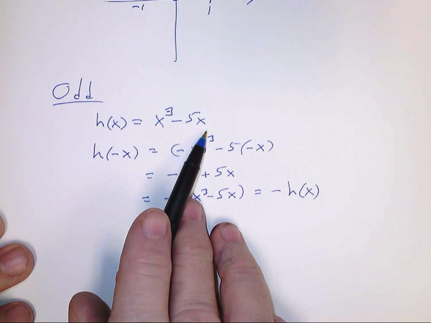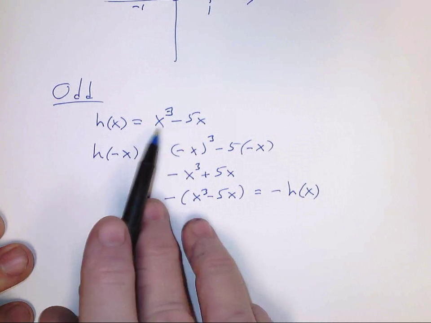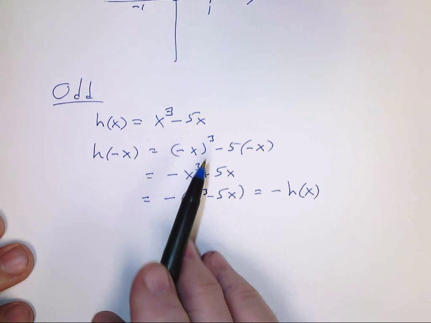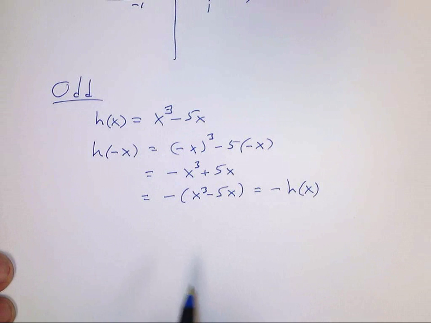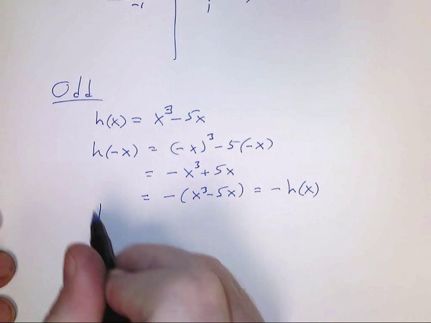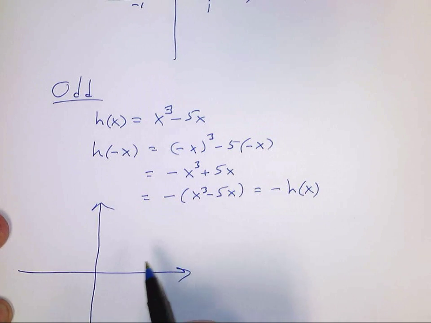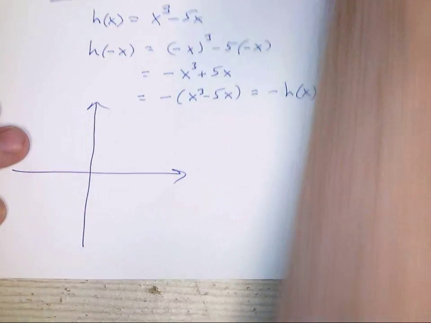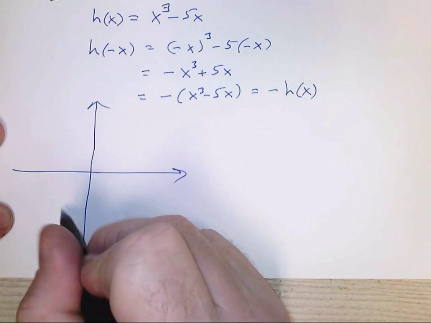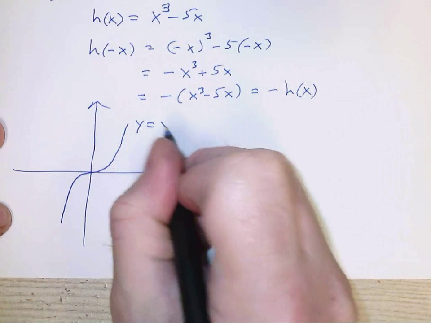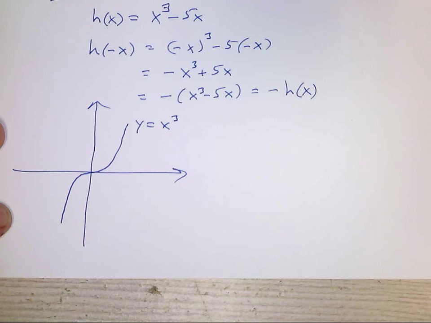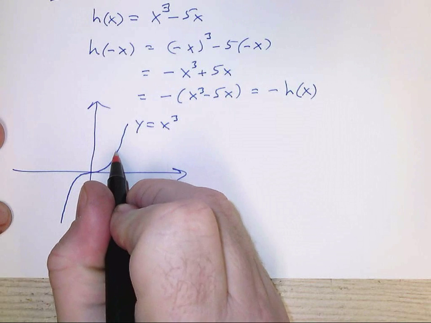Notice I have odd powers here. And in general, if all I have are odd powers in a sum like this, it's going to be odd. And odd functions are symmetric through the origin. So for example, say y equals x cubed, so here's y equals x cubed, which is an odd function, and basically it's symmetric through the origin.